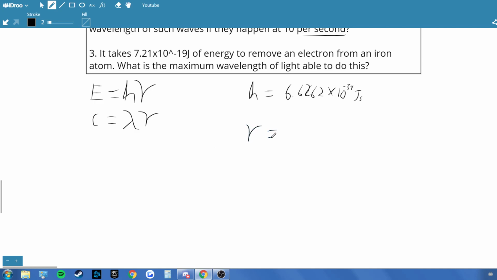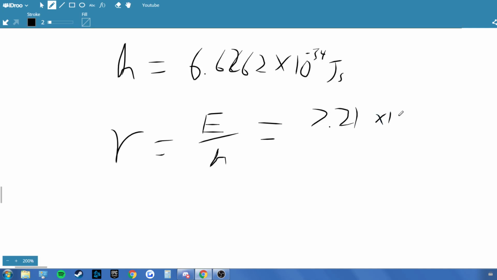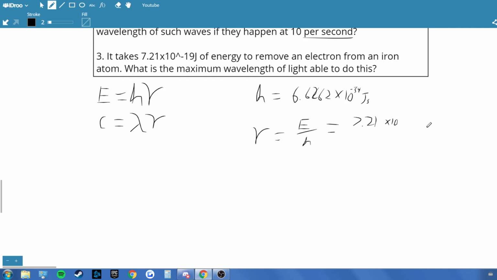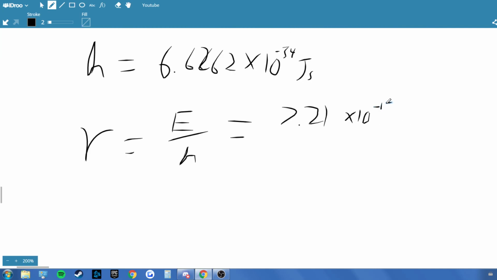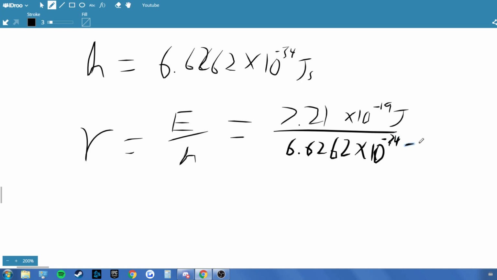So we'll start with the first one, solving for nu, so nu equals E divided by h: 7.21 times 10 exponent negative 19 joules divided by Planck's constant, which is 6.6262 times 10 exponent negative 34 joules times seconds.